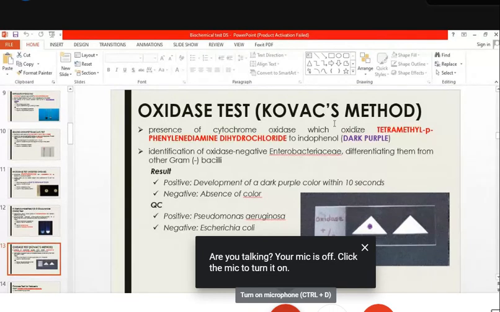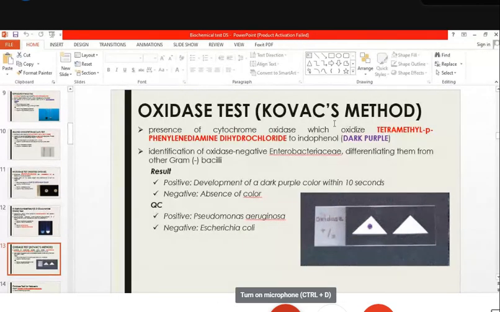Okay. So, twice na na-mention yung ating reagent. So, with oxidase test, meron tayong mga kailangan na laging tatandaan. Hindi tayo pwedeng gumamit ng nickel-based alloy wires na pagkuha ng ating colony ilalagay natin dun sa ating reagent.